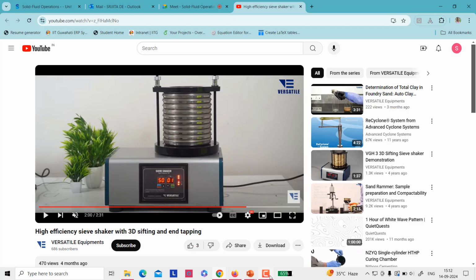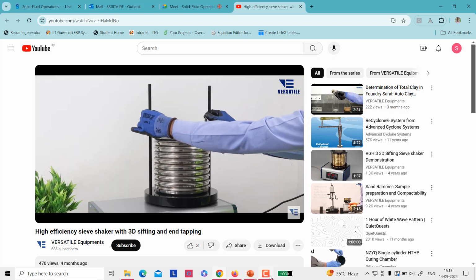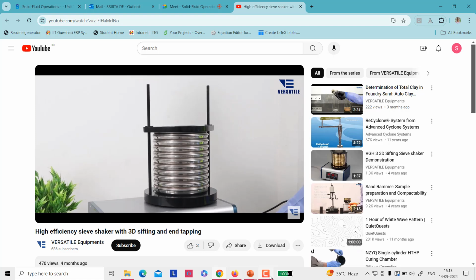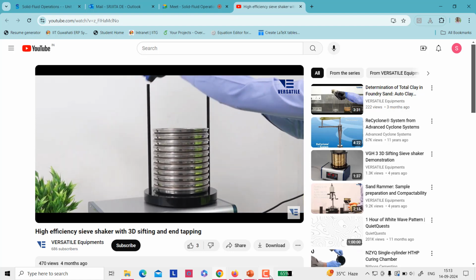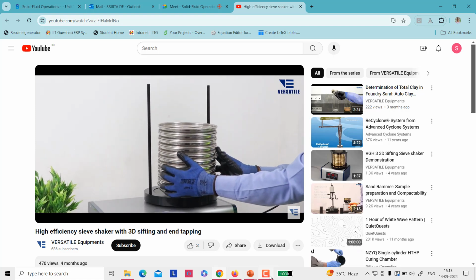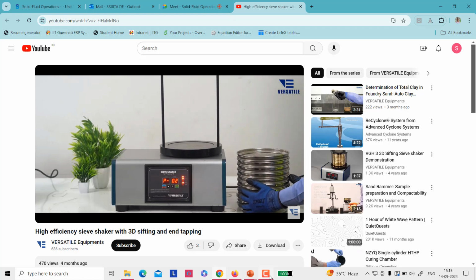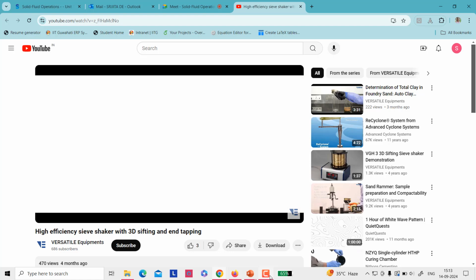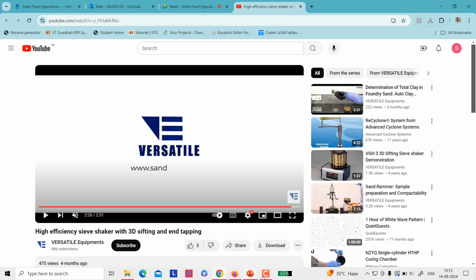Inside the sand there are different sizes and shapes of particles, so they will be separated accordingly in each of the sieves. So this is the sieve concept.